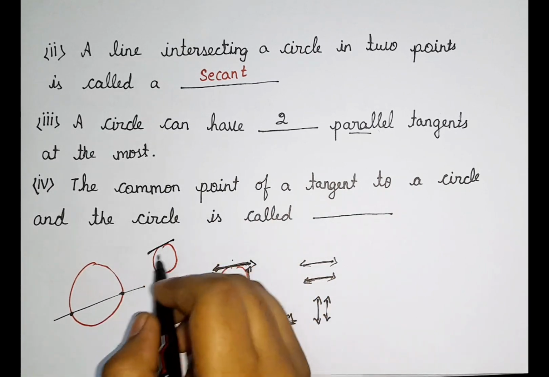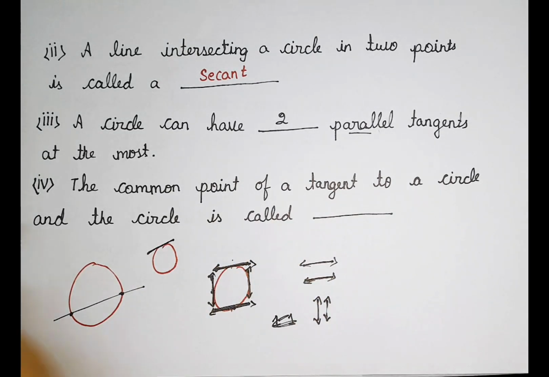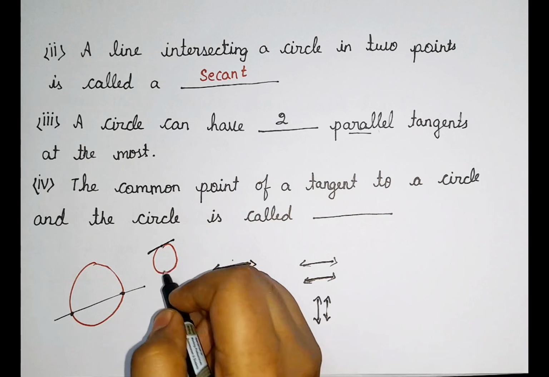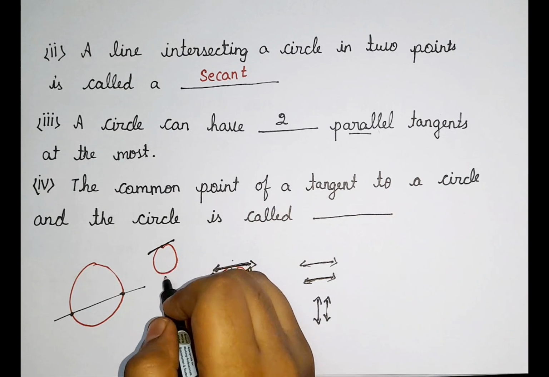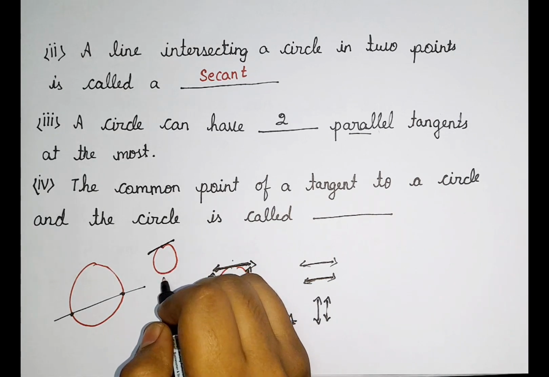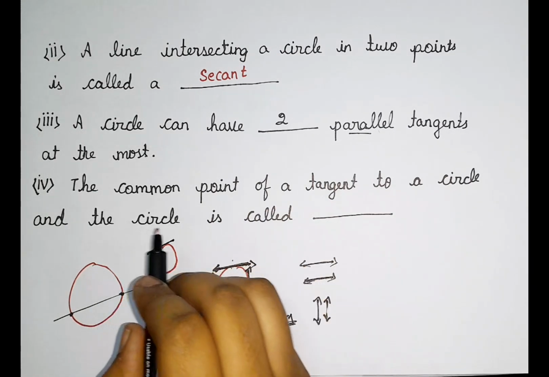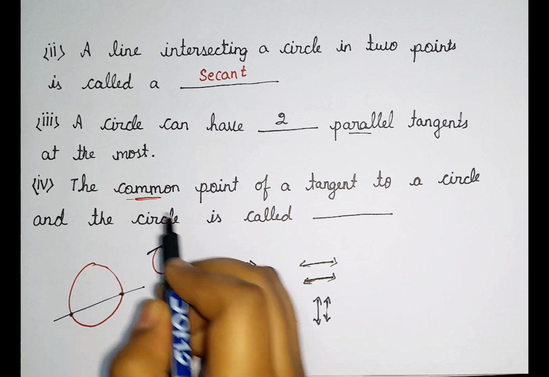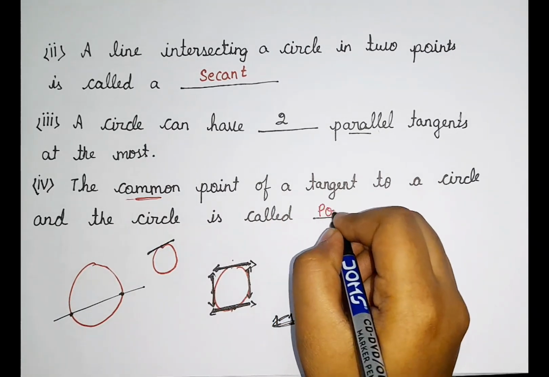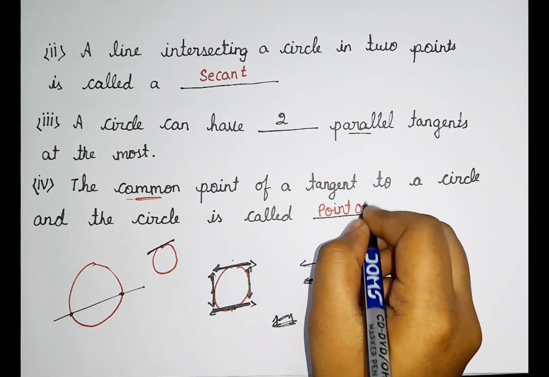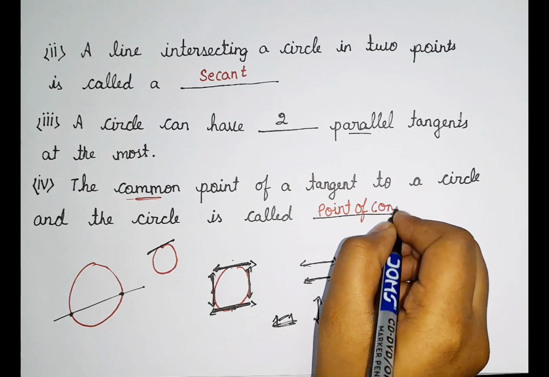When I draw a circle like this, there is a common point. Of course, you guys know we usually have a point, isn't it? So what do we call this point? We call this point the point of contact, isn't it? So the common point is known as the point of contact. So this is the answer.